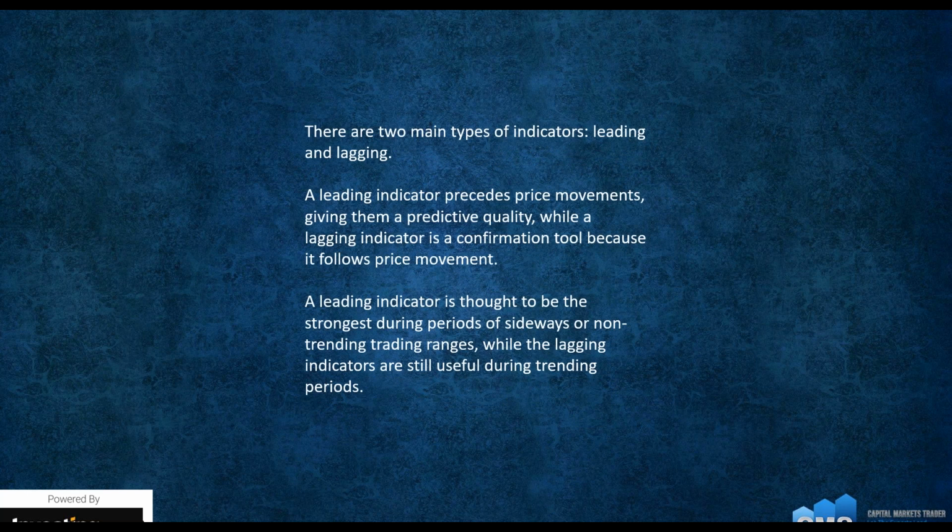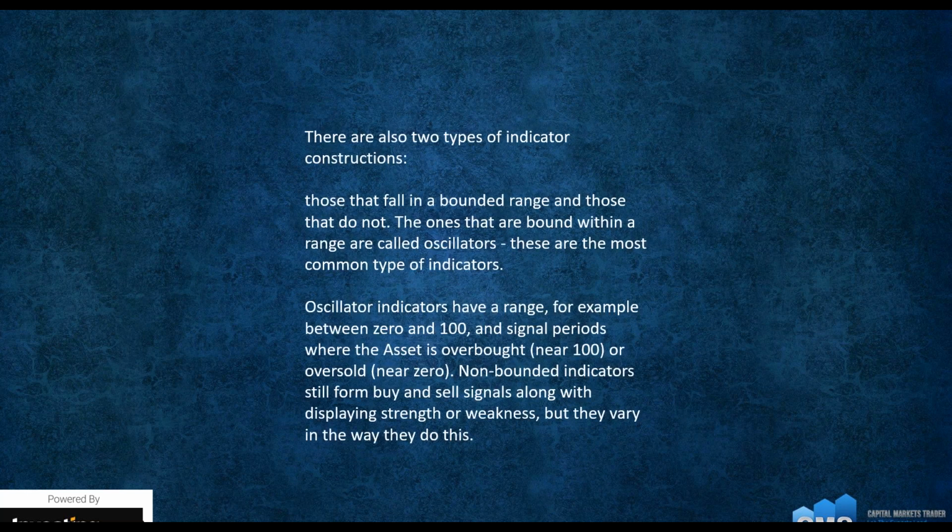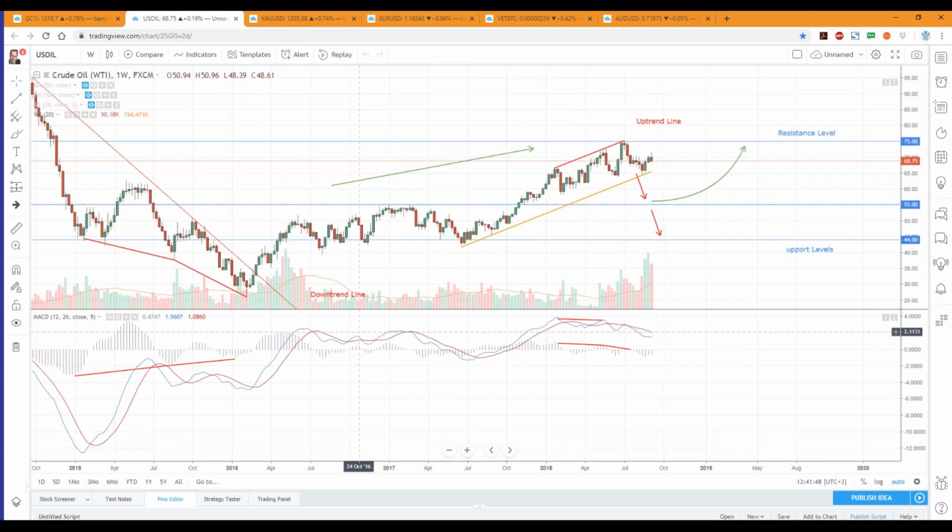And then there's two kinds of indicators, leading and lagging. Leading indicators precede price movement. Lagging indicators confirm price movement. So let's go back to my chart. On this chart that we're looking at, we see oil down below the financial chart, the price action chart.